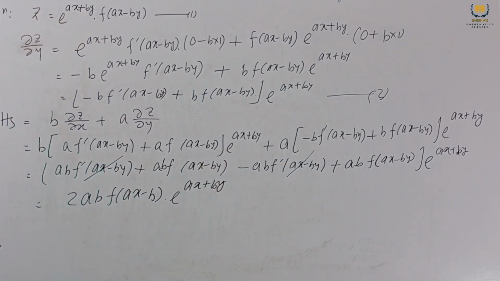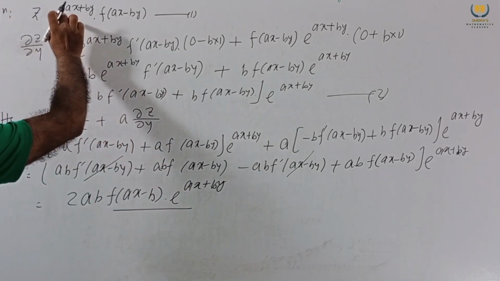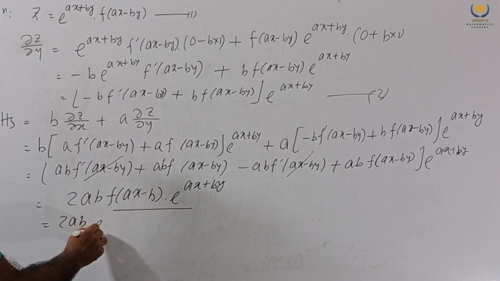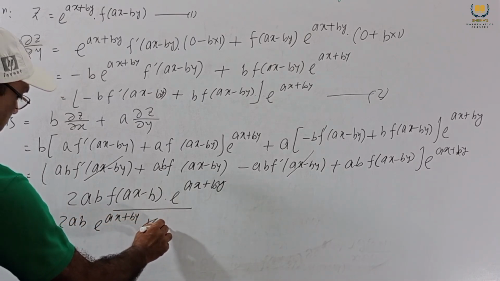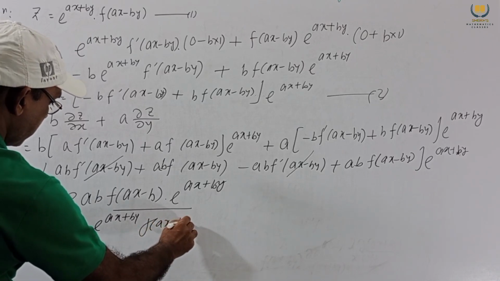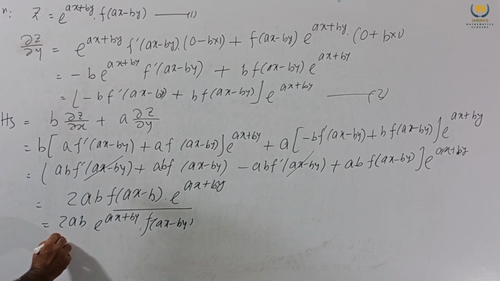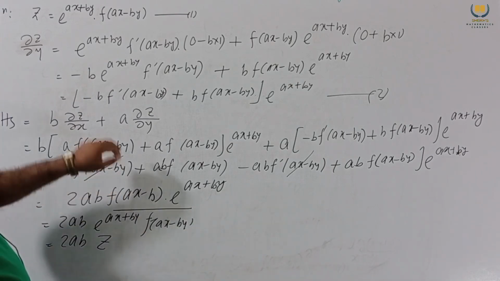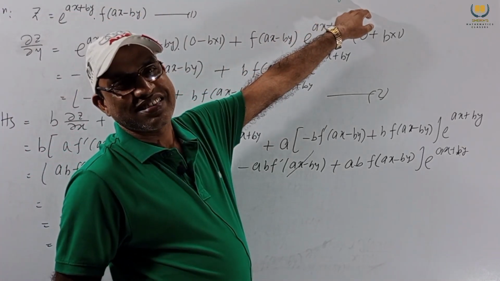This one we get, and this value is nothing but our this one. So another line we can write: ab e^(ax+by) f(ax−by). This is 2ab z, where we know this is z, and this is our right hand side.